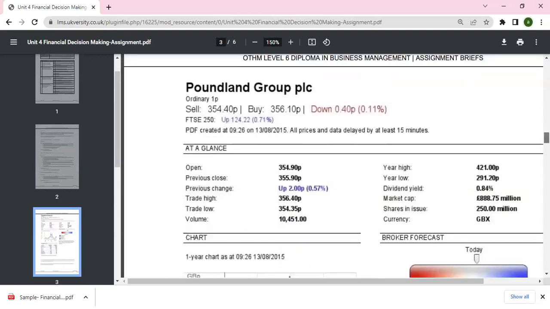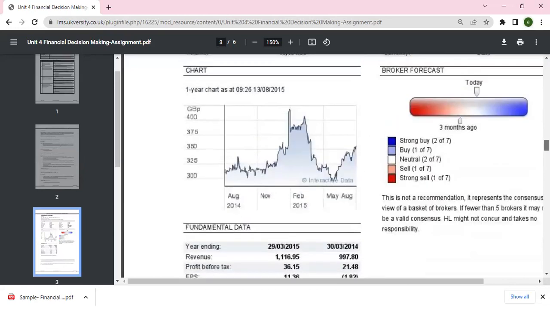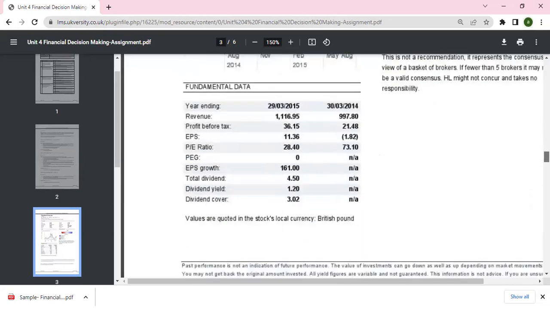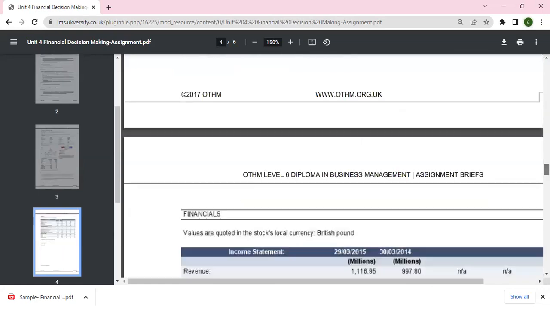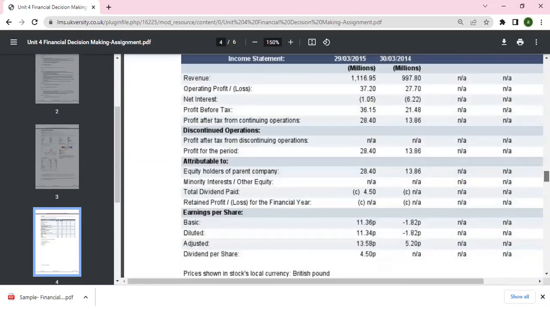And we've been given the company, the Poundland Group Limited. You've been given their financial statements. On the basis of this financial information, we can make the financial decision. You've been given the income statement of the company. You will see 2 years of what's happened there, profit and loss.